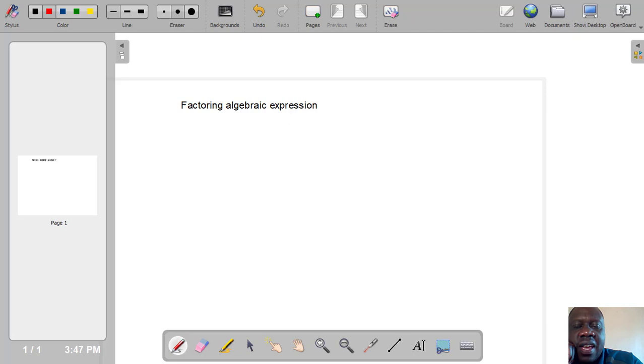for instance, say x squared plus 1, or maybe for the purposes of easier understanding, we could try to factor a sum like x squared plus x. We are simply going to find what is common in these two terms.